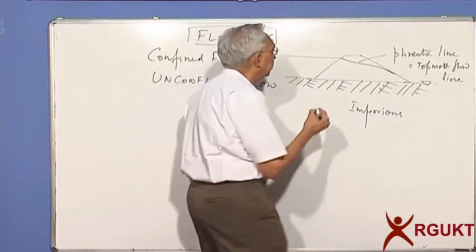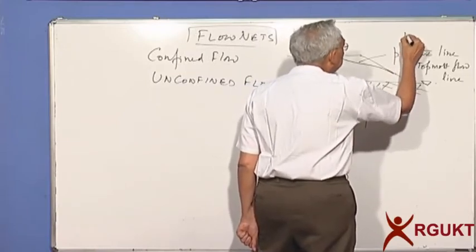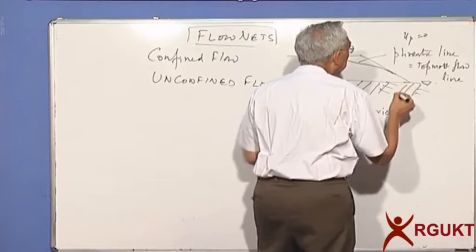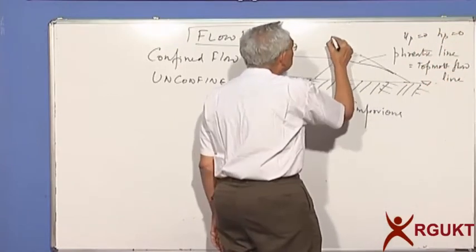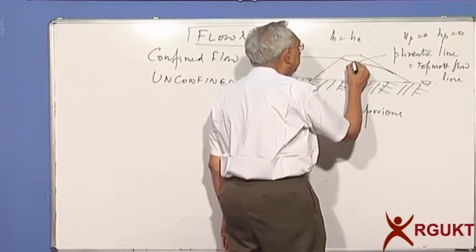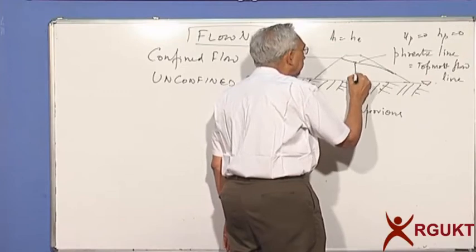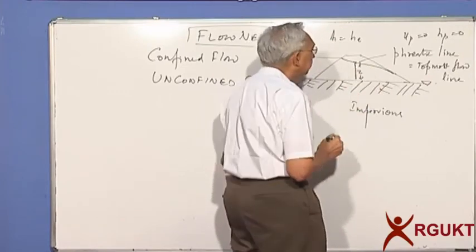The main characteristic of this line is that along the phreatic line, the pressure head is 0, or you can say the head due to pressure is 0. So the total head is simply equal to the elevation head. If I want the head at any point, it is simply equal to the height of the point from the datum.